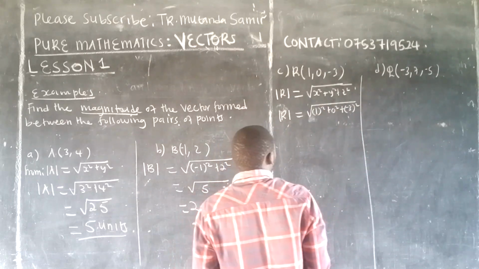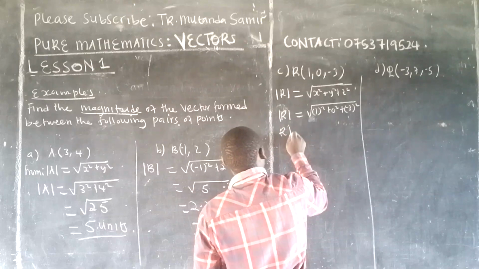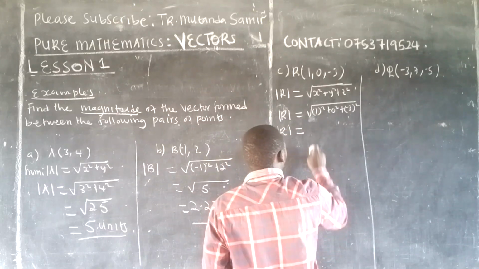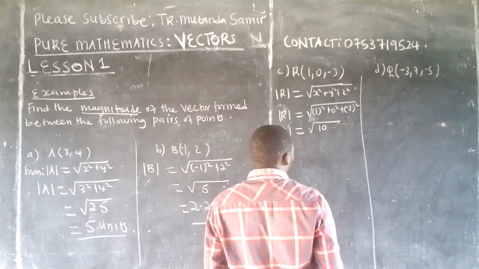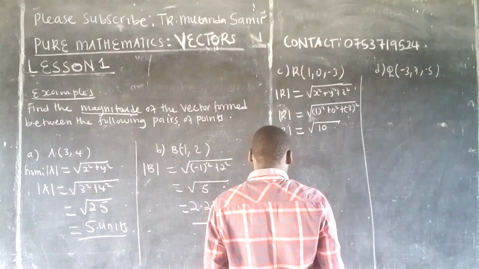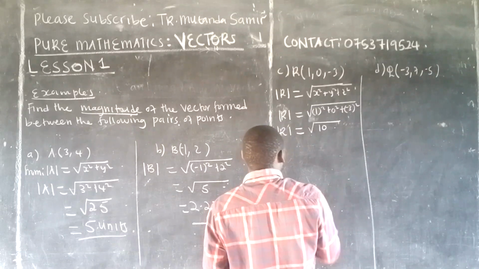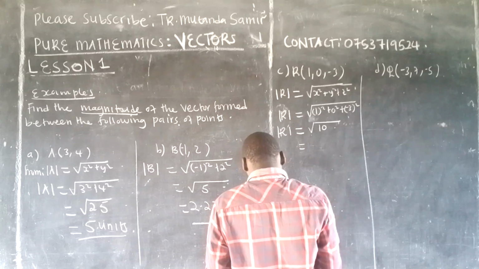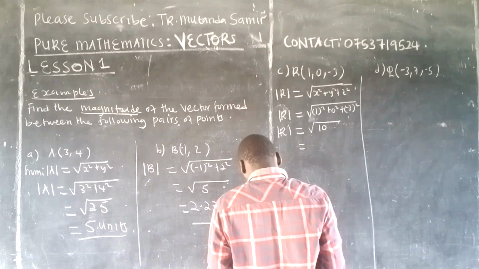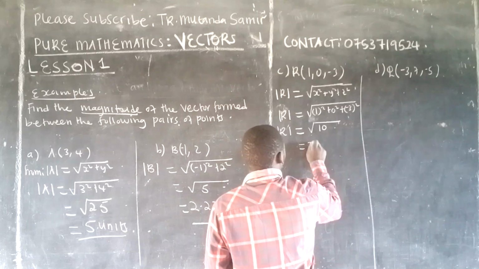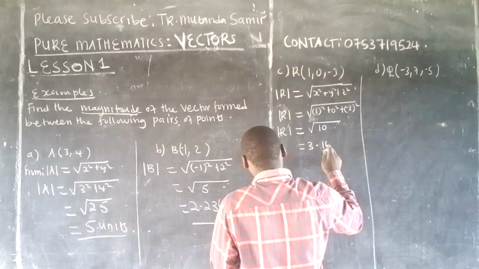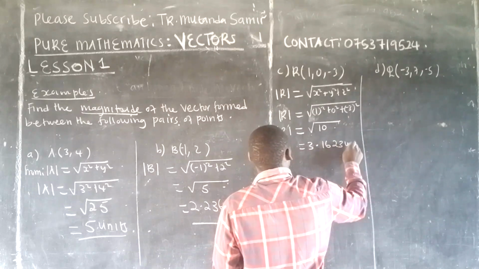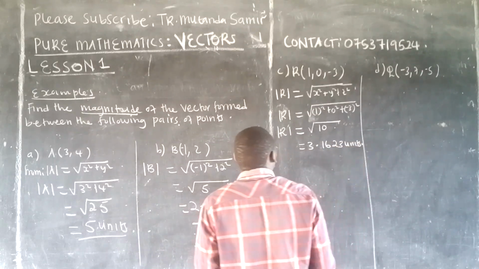All right, good. So the magnitude of r will be the square root of 10, because 1 squared is 1, plus 0 squared is 0, plus negative 3 squared is 9, so I'll give it 10. Square root of 10. Please, you can also try it out on your calculator and see. It's 3.1623. You add the word units to that.